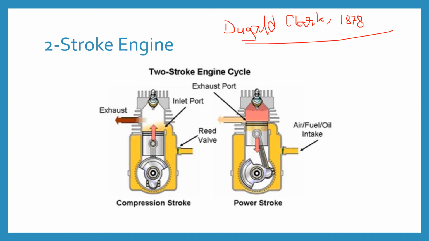of the crankshaft. The main difference between the two-stroke and the four-stroke engine is in the method of filling the fresh charge and removing the burnt gases from the cylinder.